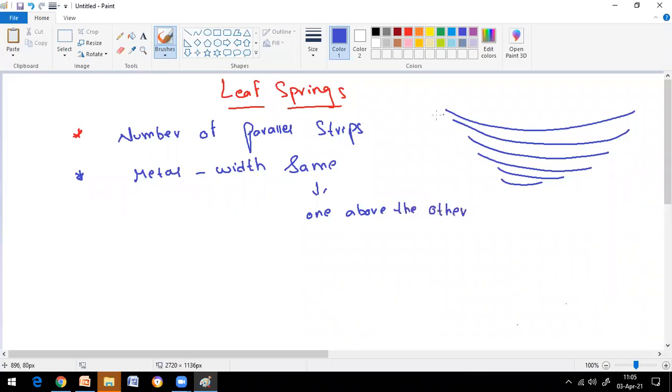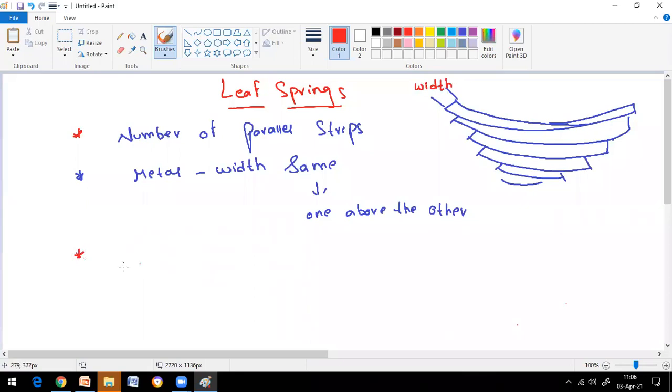If you take one strip, its width is like this. The second strip also has the same width. The third strip also has the same width. The fourth also has the same width. So the width is common to all. This is the width of the member. That is also an important point.